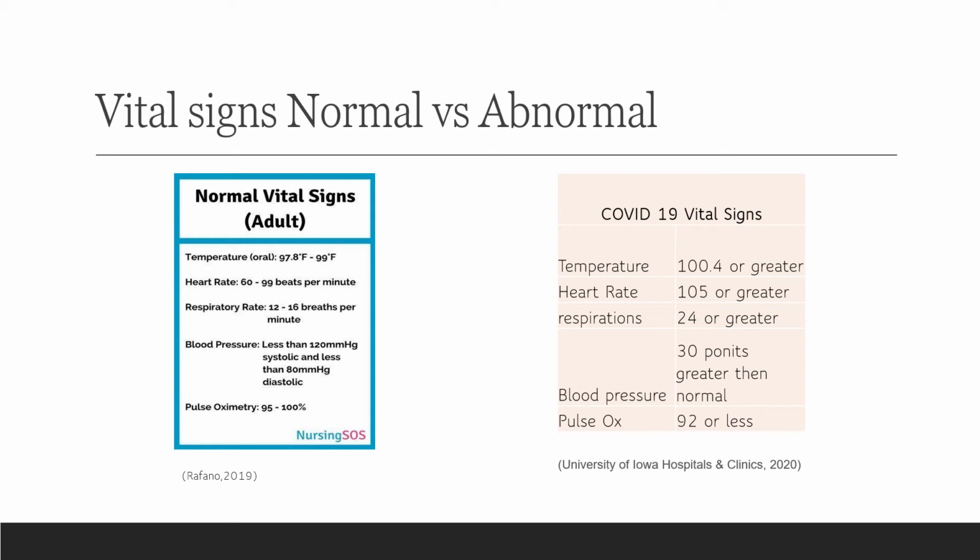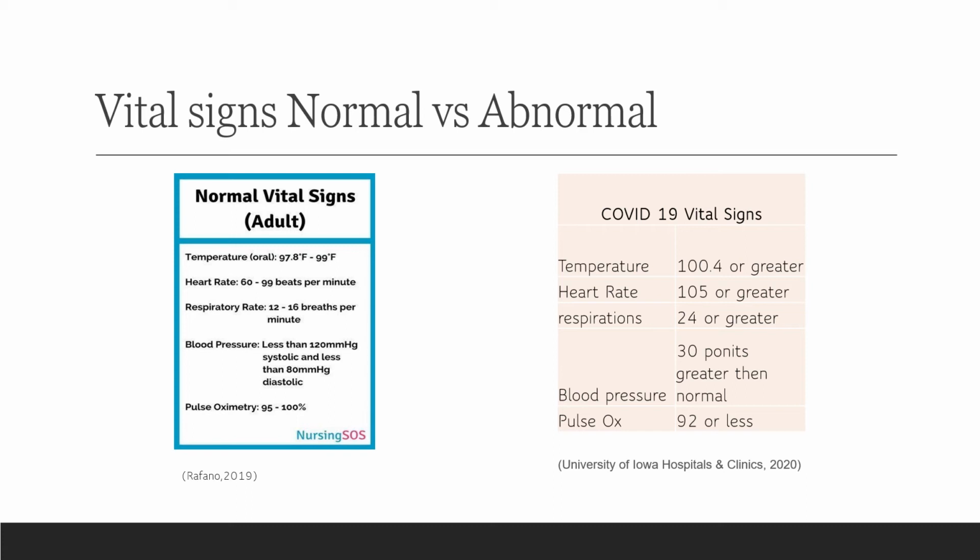And then pulse ox. According to the nursing SOS, 95 to 100% is pulse ox. Obviously, we know with our COPDers and our asthma patients, their pulse ox aren't typically up at 95%. So what we want to be looking for is probably 92 or less if a patient has a normal pulse ox of 95 to 100%.